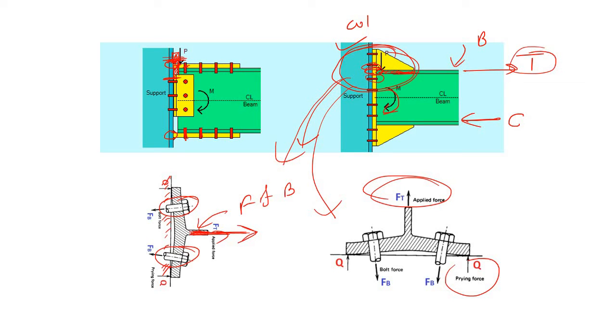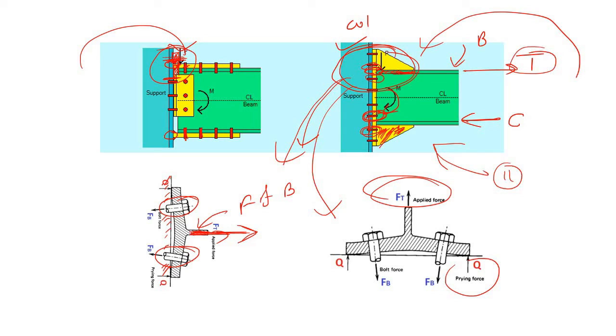One case is where the flange is simply connected with the flange of the column, and the second type is where the flange is connected with the flange of the column by using bolts, but in addition there is some extra stiffening member. So you can say there are two types of moment connection: first is unstiffened and second is stiffened moment connection.